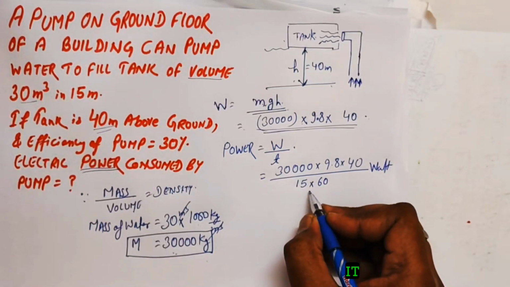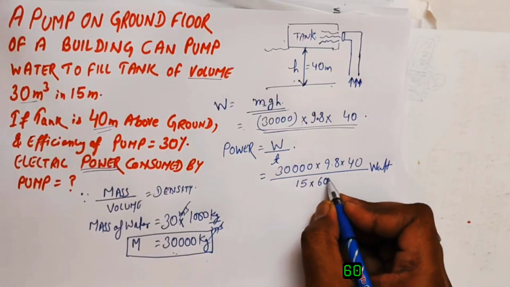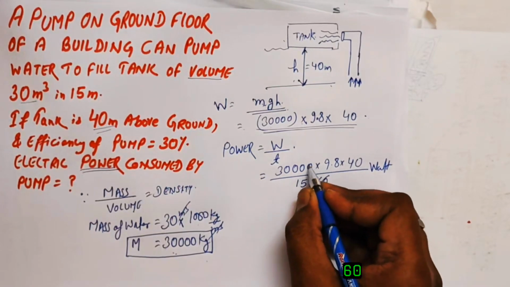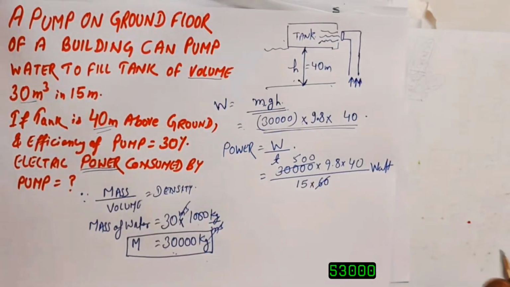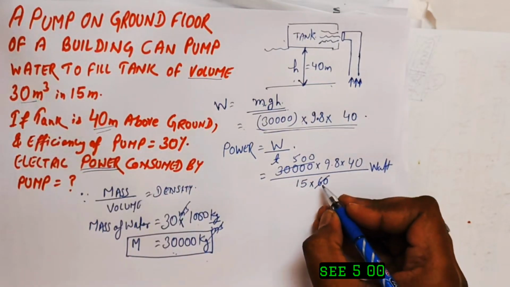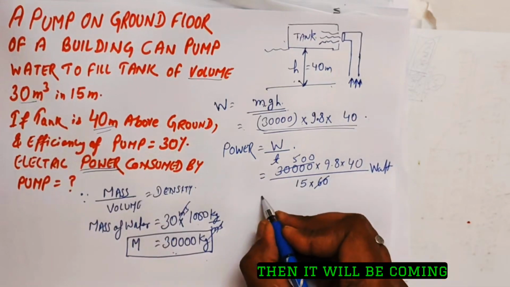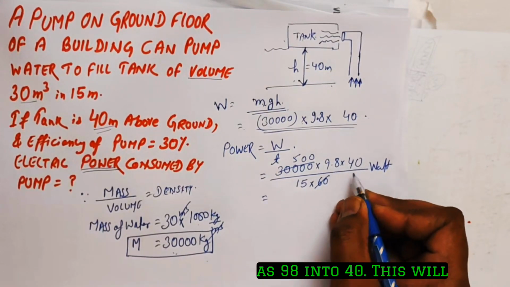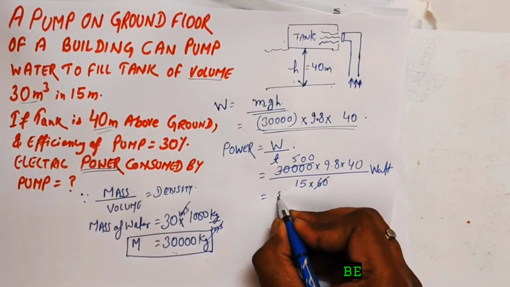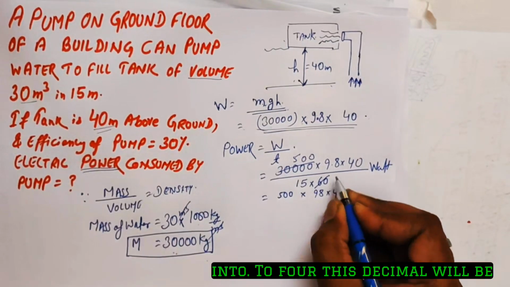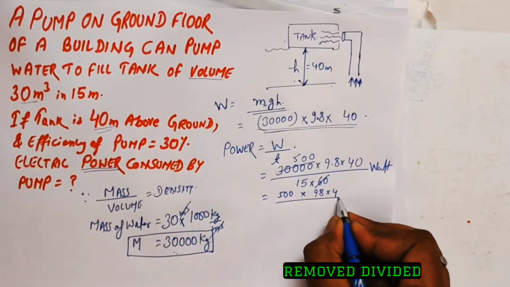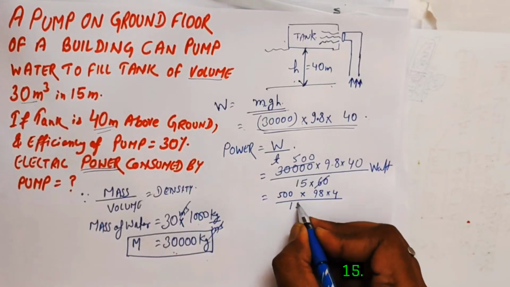Now just solve it. 30,000 divided by 60 gives 500, then it will be 500 into 9.8 into 40, which is 500 into 98 into 4. This decimal will be removed, divided by 15.